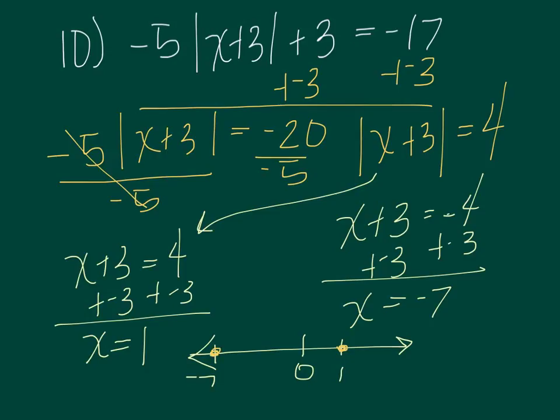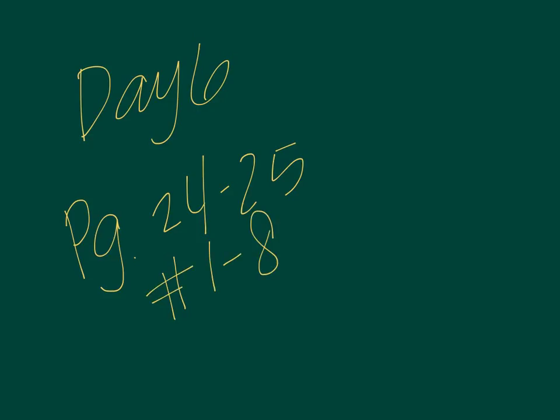So what I would like for you to do is start working on day 6, which is in your textbook. It's going to be page 24 to 25, numbers 1 through 8 all. So I want you to get started.